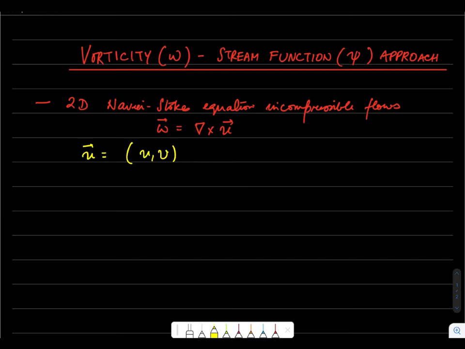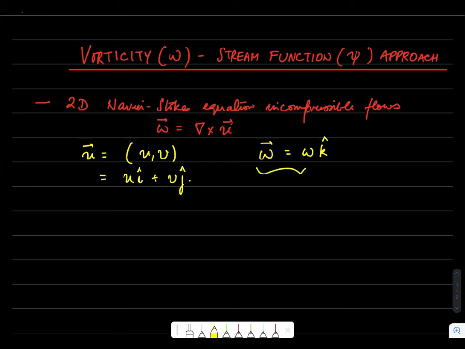So clearly the curl of u will be in a direction perpendicular to u, which means that omega will just be omega k cap, where k is the unit vector along the z direction, and u vector, which I can also write as u i cap plus v j cap, is the velocity vector resolved along the x and y axis.